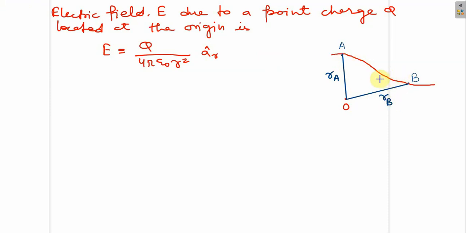Now let's choose an element somewhere between A and B, and the element is dL. The vector from the origin to this element, let's say it is represented by R. And this is the direction of the electric field.